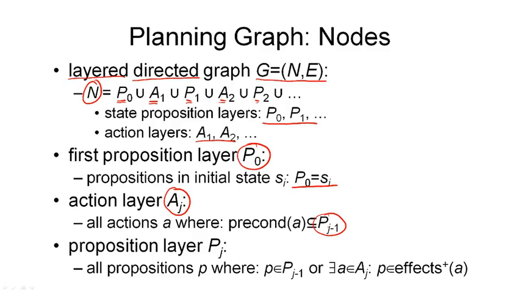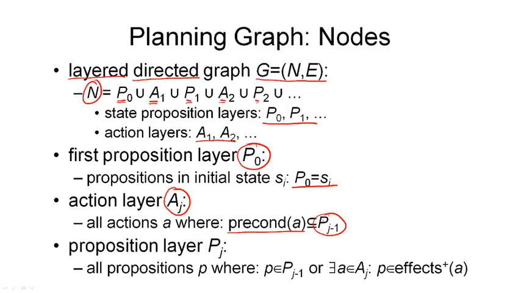For example, that the robot R is at location 1 and that the robot R is at location 2. But never mind that now. So we interpret this proposition layer as a state and then add to the successive action layer all those actions whose preconditions are satisfied in that state.